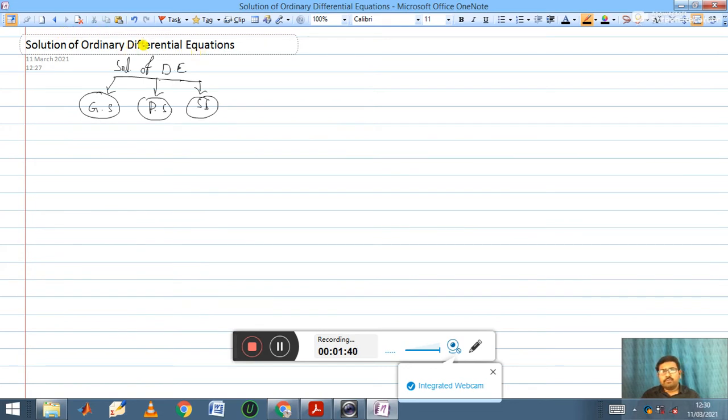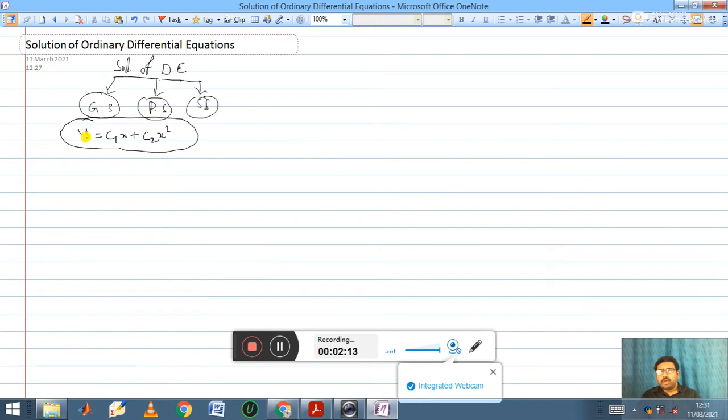If you solve any differential equation, you get answers, and the answers are nothing but the solution of the given differential equation. The general solution looks like y equals c1 x plus c2 x square. Suppose this is one general solution of a given differential equation.